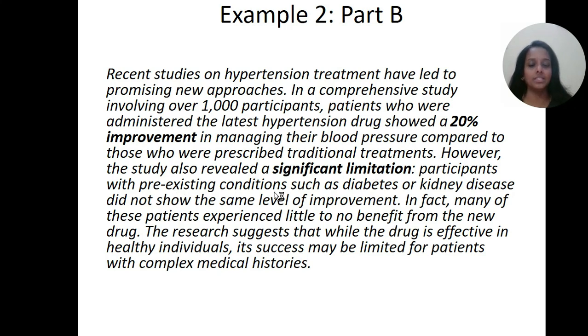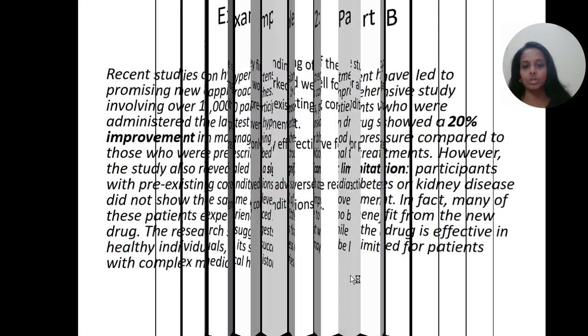Participants with pre existing conditions such as diabetes or kidney disease did not show the same level of improvement. In fact, many of these patients experienced little to no benefit from the new drug. The research suggests that while the drug is effective in healthy individuals, its success may be limited for patients with complex medical histories.